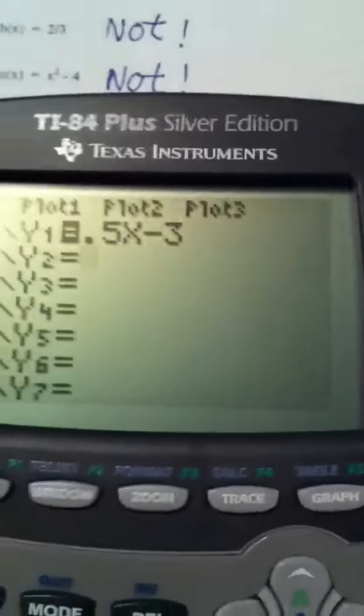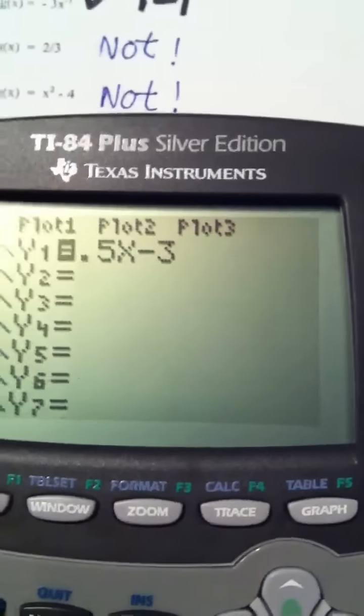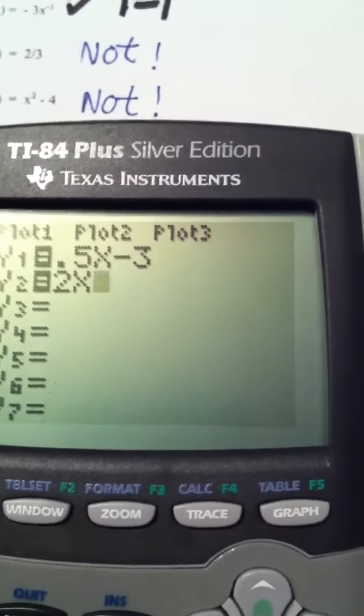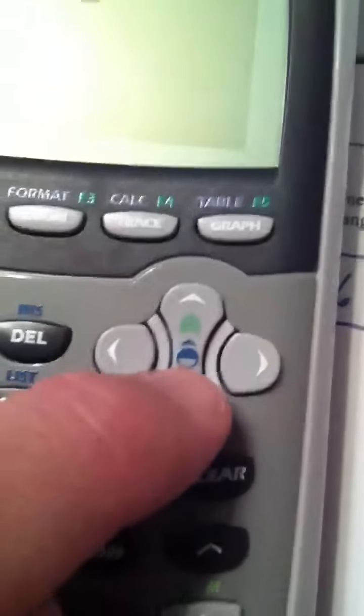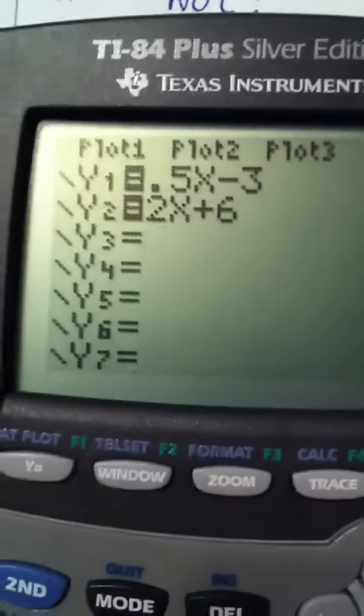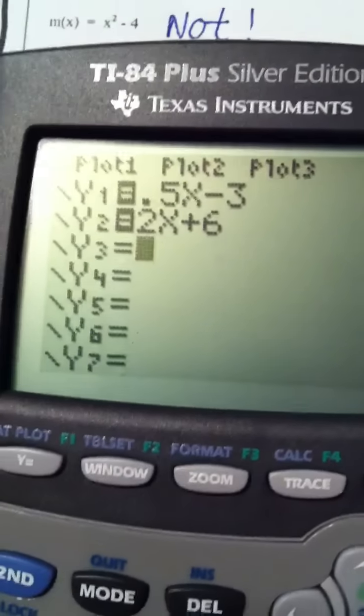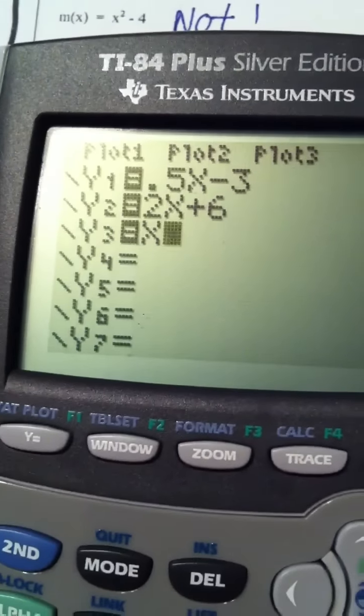I'm going to use my down arrow key. My inverse function is 2x plus 6, and I'm going to hit my down arrow key, and they want me to type in a comparison function of just y equals x.